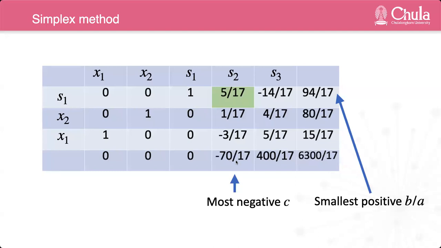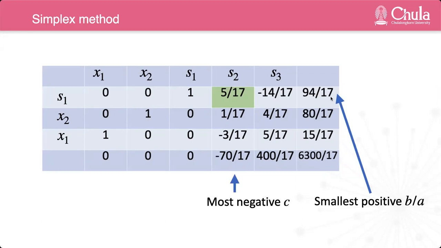If we introduce S2 back to the basic variables, we can further decrease the objective function. Okay? So you have to consider B over A. Which one should be removed? This is the smallest positive B over A. Okay?